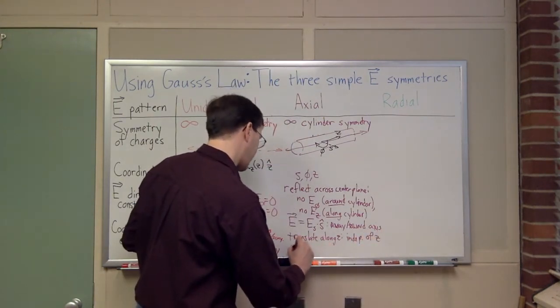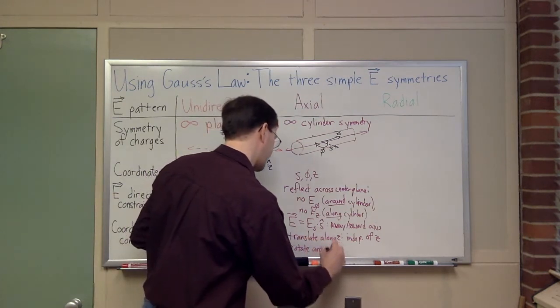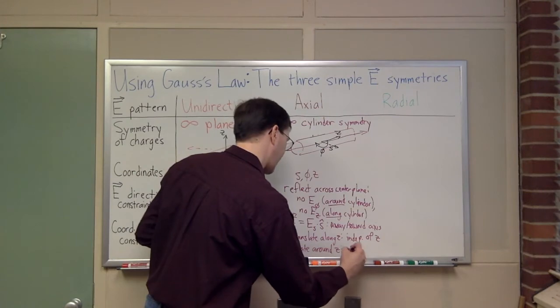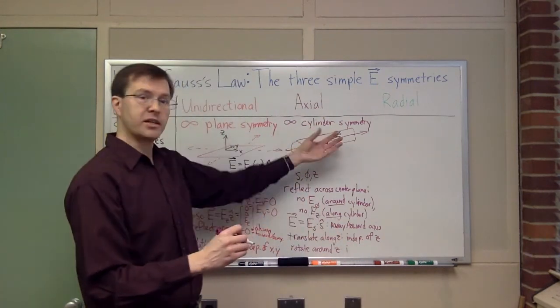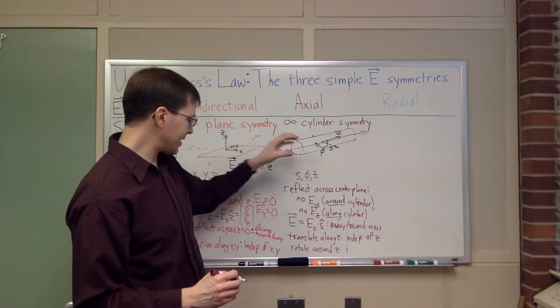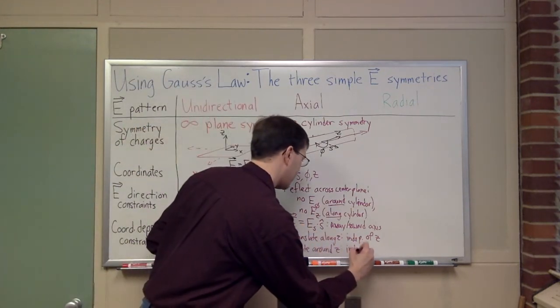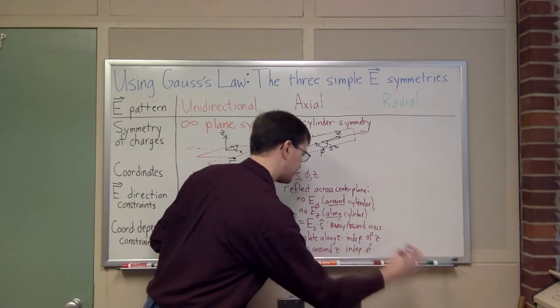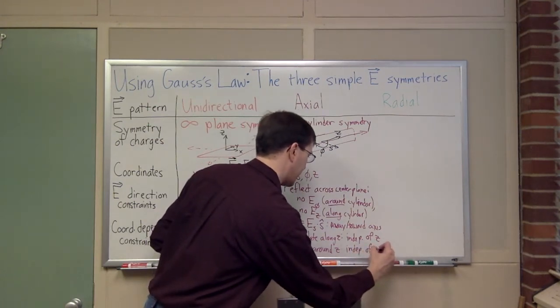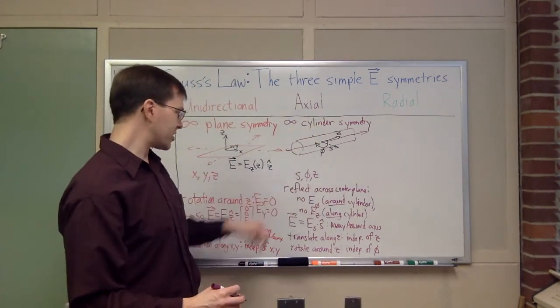And if I rotate around that z-axis, because rotating doesn't change the cylinder, that tells me that we are independent of the angle phi that we are around here. So it's only a function of s.